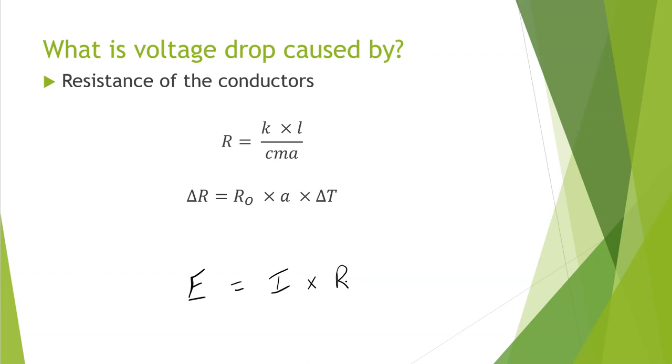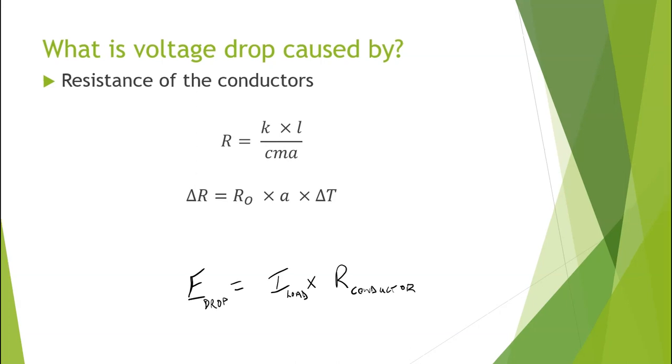And so therefore, when we consider the voltage drop on the conductors, we must always consider two things. The resistance of the actual conductors themselves must be considered, but in addition to that, the amount of load current will also have a significant impact on our voltage drop calculations.